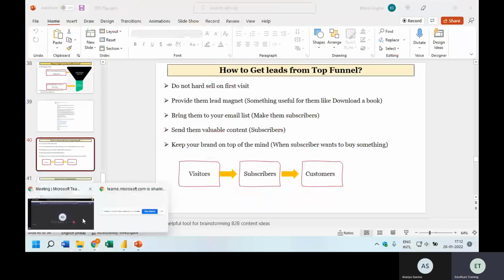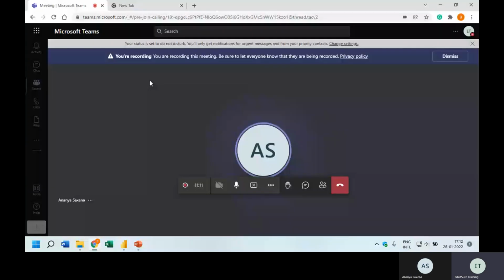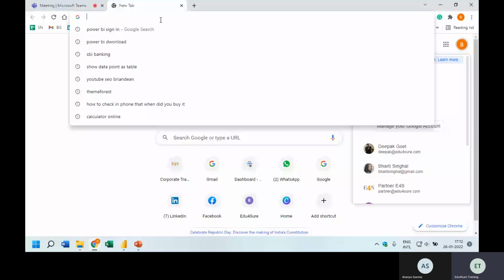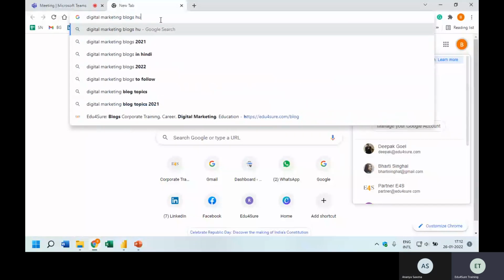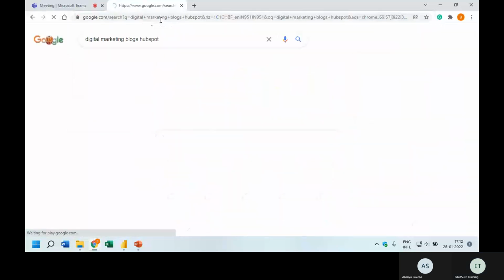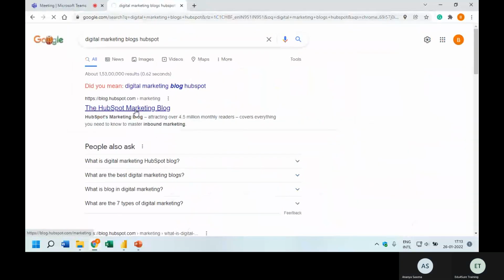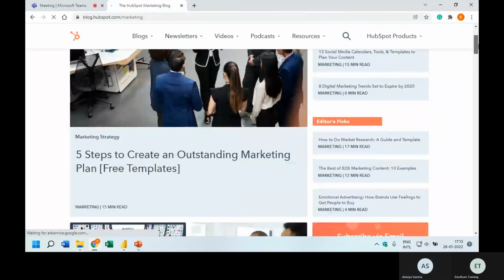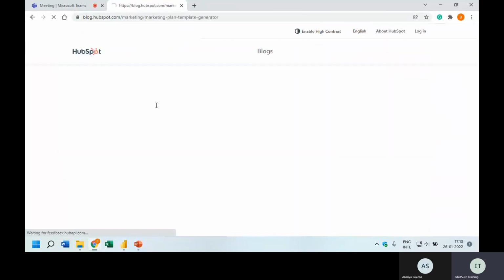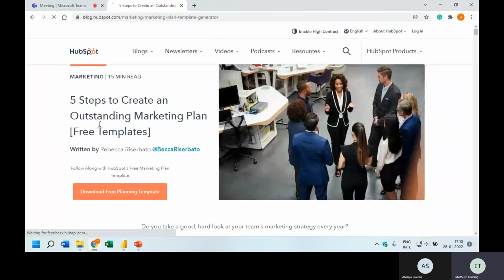Otherwise, you must have seen this as well. For example, I'm searching for digital marketing blogs, and I go to this website, HubSpot. Now suppose I open this. You can see this is another lead magnet.